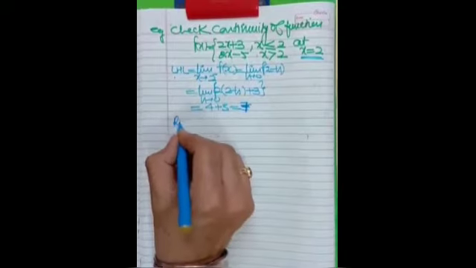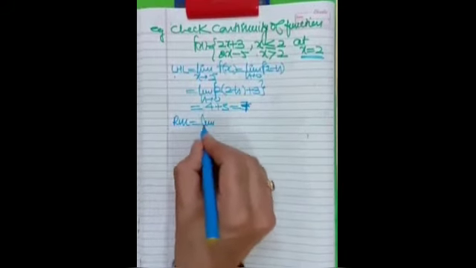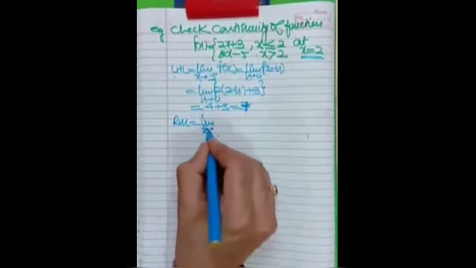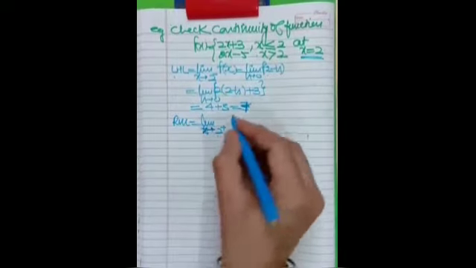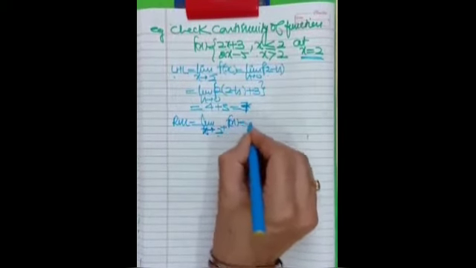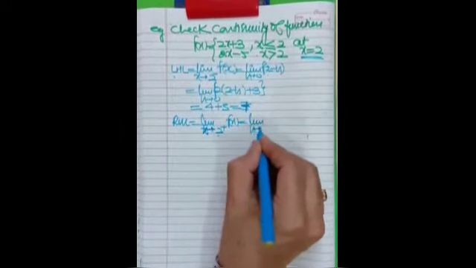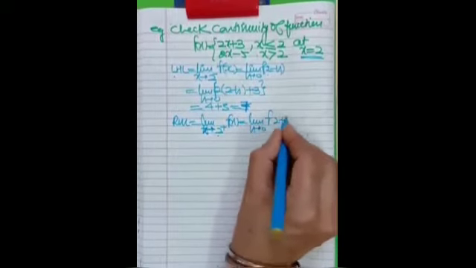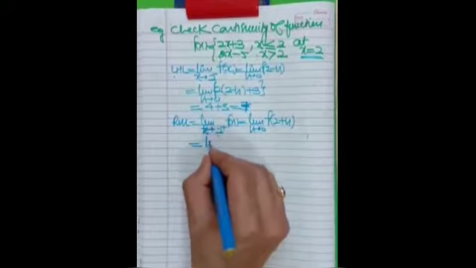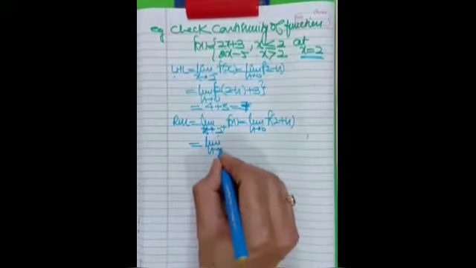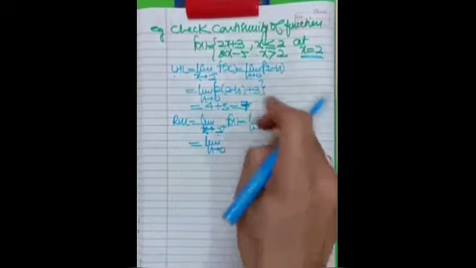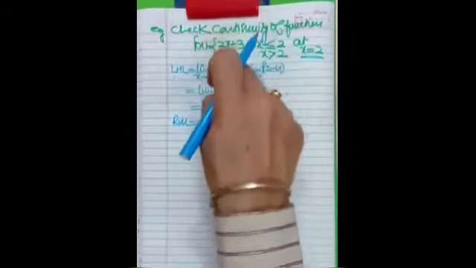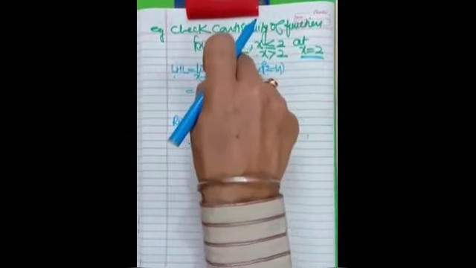Now RHL. What is RHL? x goes to 2 positive, f(x). What is the meaning of 2 positive? f of 2 plus h. Which side? Right side of 2. Now h goes to 0. Put 2 plus h. 2 plus h will be lying in this range, more than 2.